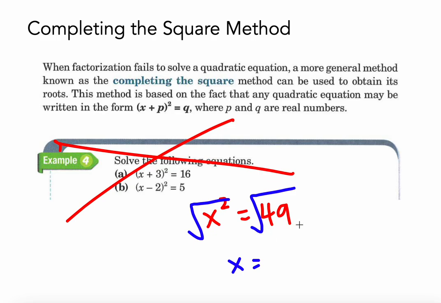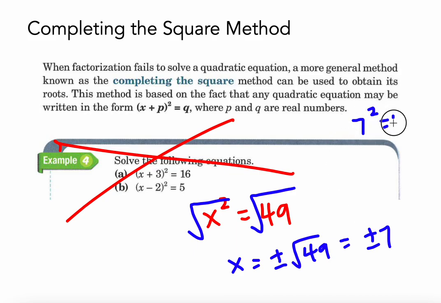Now, two different values can get us to 49, so the square root of 49 is possibly a positive or a negative. It can be positive or negative 7, because 7 times 7, 7 squared, is equal to 49. But then negative 7 multiplied by itself, squared, is also 49.